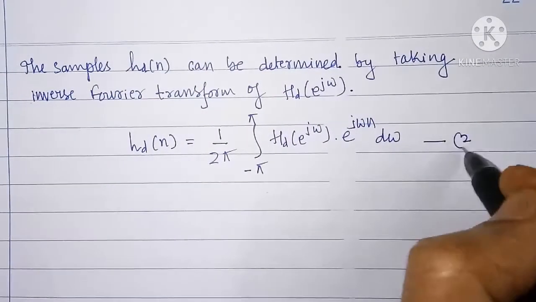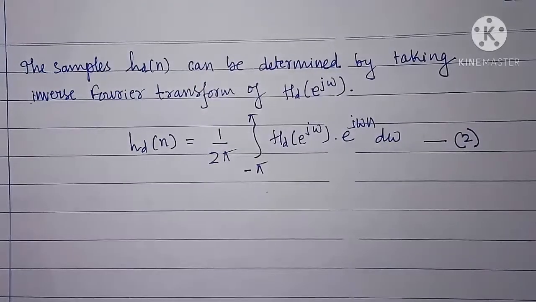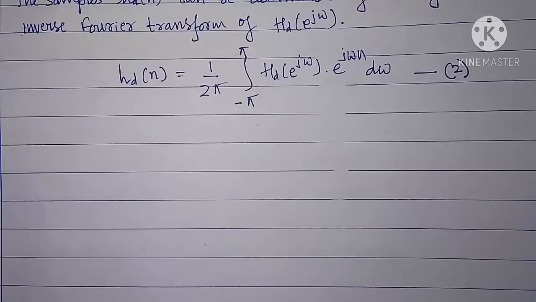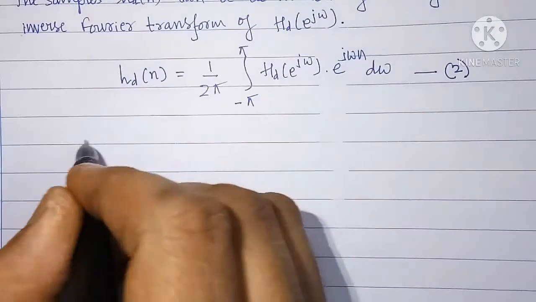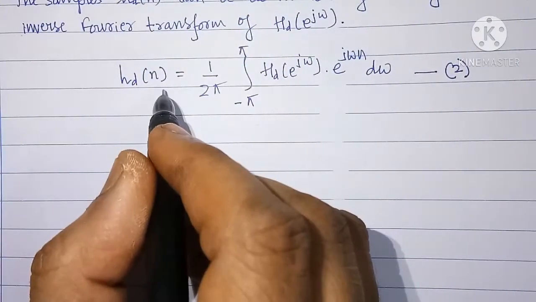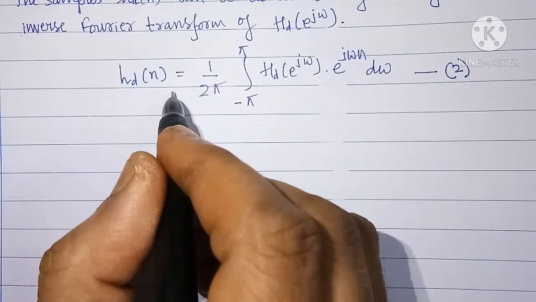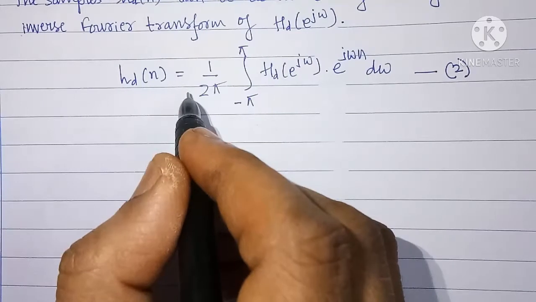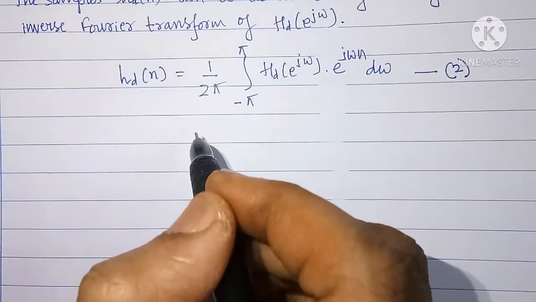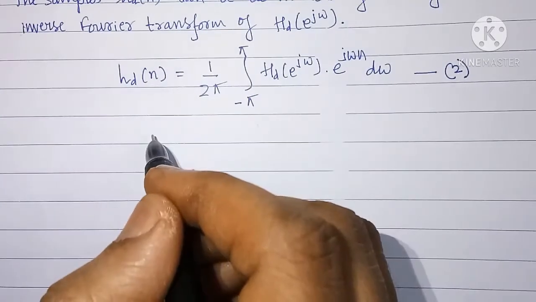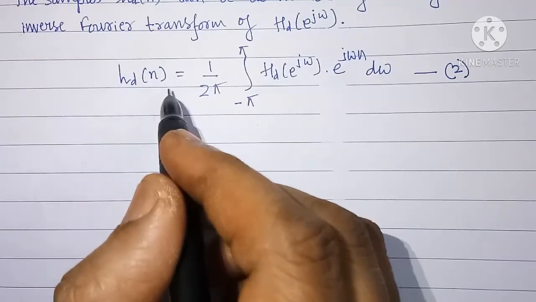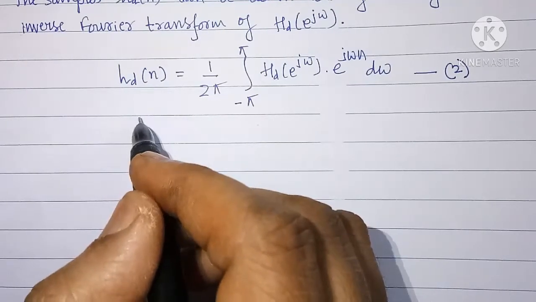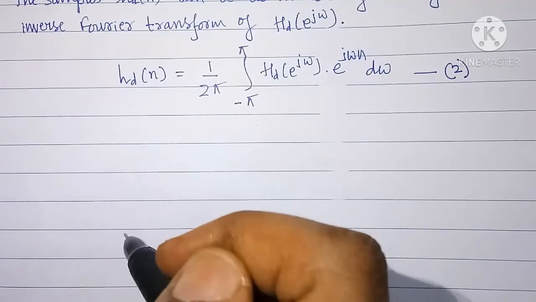Let us call this as equation 2. This impulse response that we have determined here is an infinite duration sequence. For implementation of a digital filter, Hd of n should be a finite sequence.